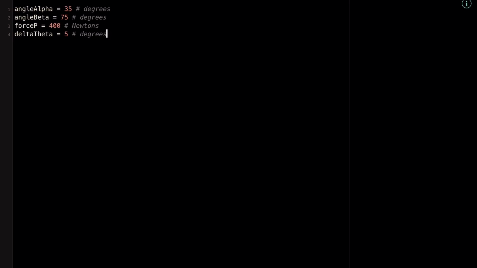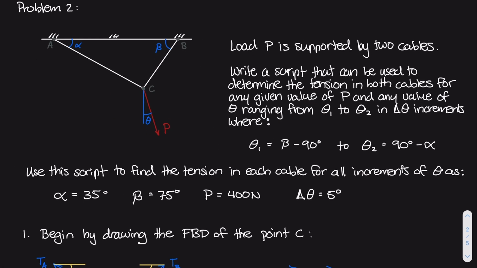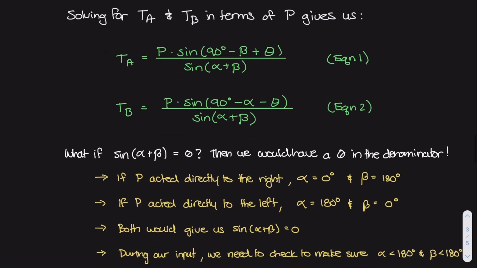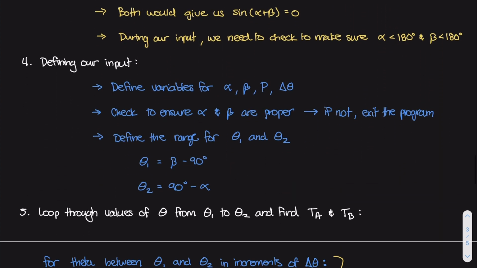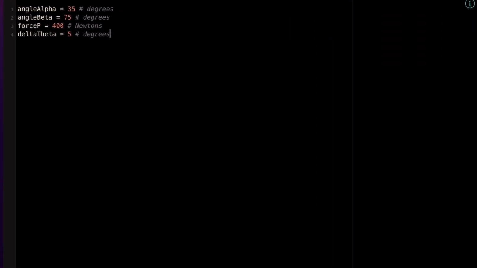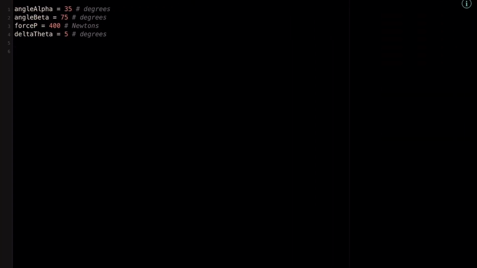Now that we've defined our input, in the algorithm from the last video I said that we should first ensure that our alpha and beta values are within a particular range: they must be less than 180 degrees. So I want to write a quick check.